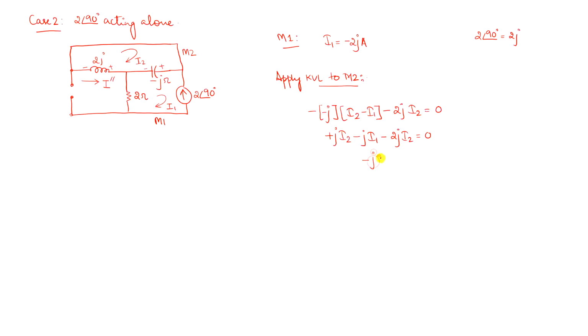Minus JI2 is equal to J times I1, and I1 is minus 2J. So I2 will be equal to 2J times J, and JJ is J square, right? So the negative sign goes off, and I2 is 2J amps.